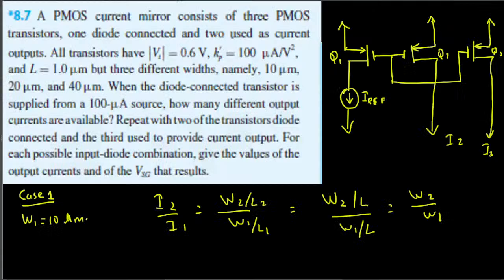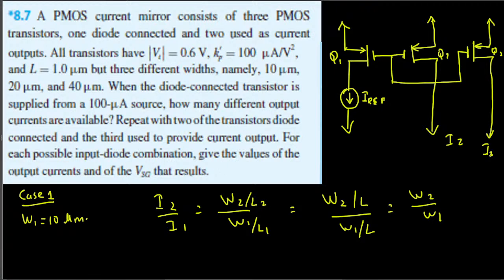Now that's the first part of the question, when we have 1 diode connected and 2 used as current outputs. Now we have the second part of the question, which asks to repeat with 2 of the transistors diode connected and the third used to provide current output.